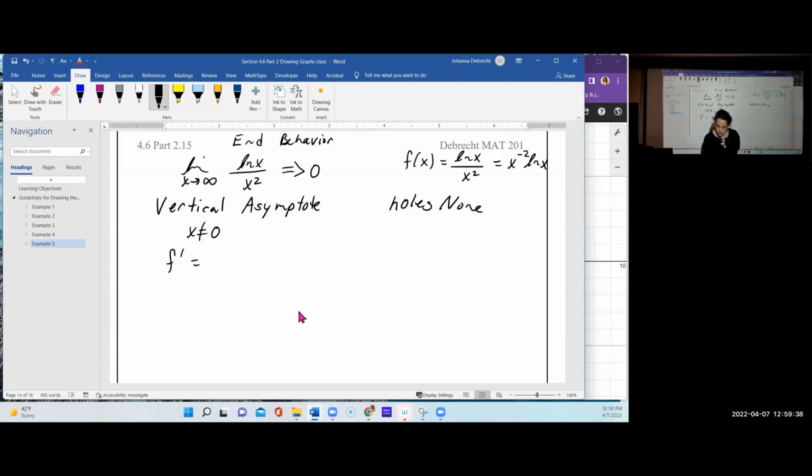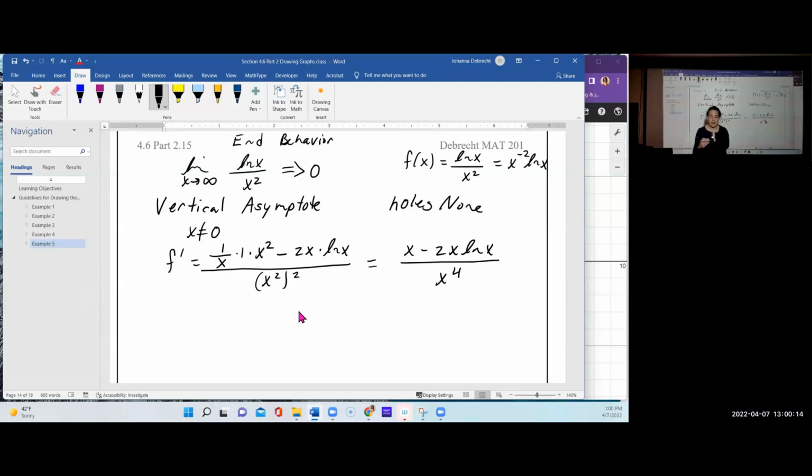So I'm going to do the first. The derivative of natural log is 1 over x. The derivative of x is 1 times the bottom, which is x squared, minus derivative of the denominator, which is 2x, times the numerator, which is natural log of x, all divided by the denominator squared. So we have x squared squared, which is going to give us the 4th power. Now the x squared divided by x gives me x minus 2x natural log of x divided by x to the 4th.